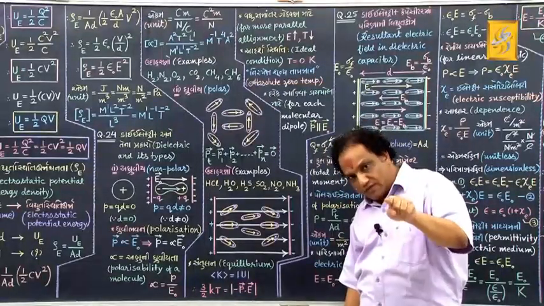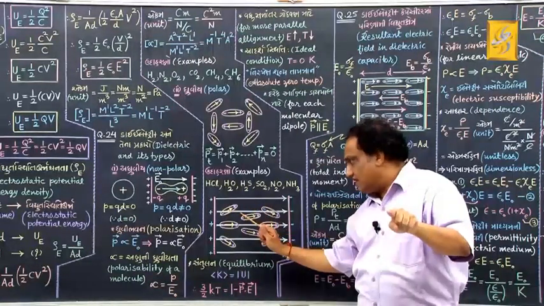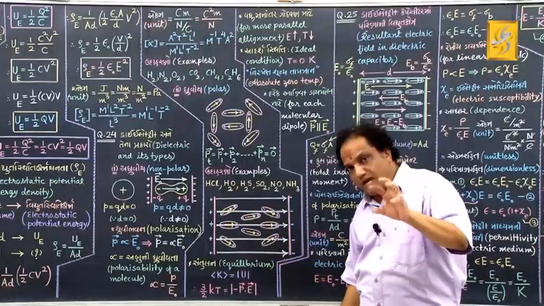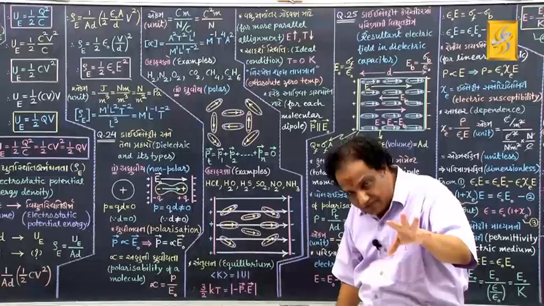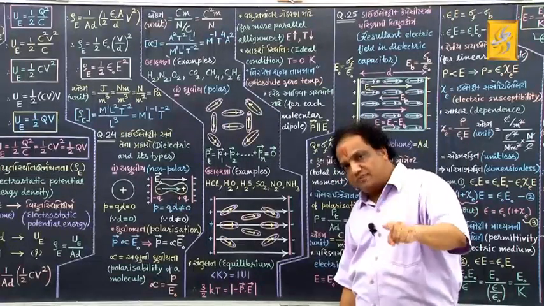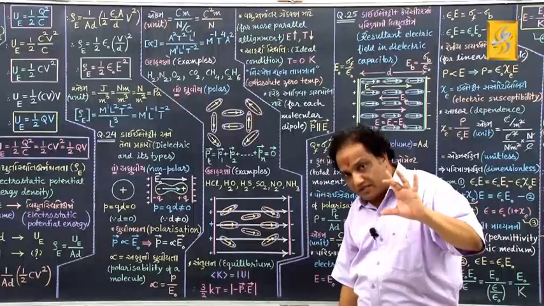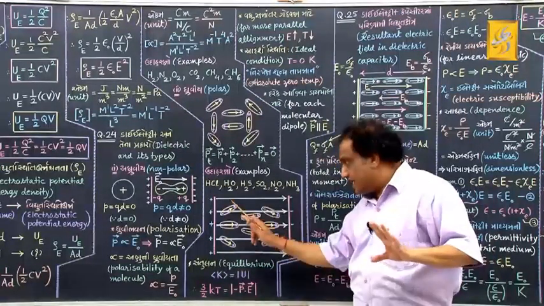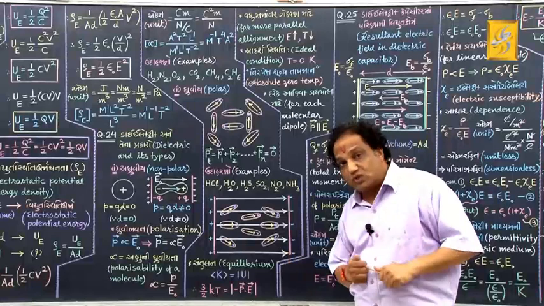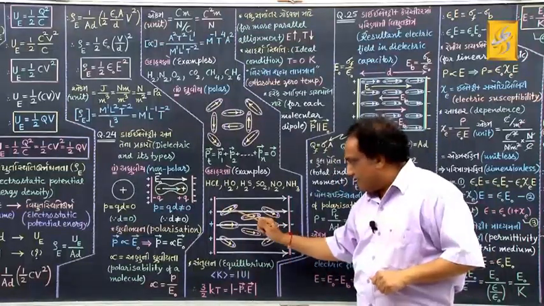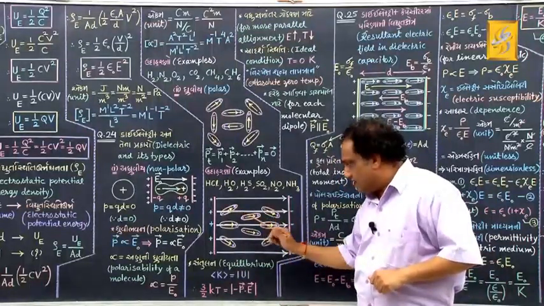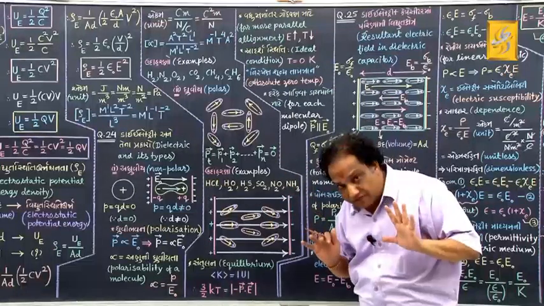If it is non-polar, then in the presence of the externally applied electric field, some dipole moment will get induced. If it is polar, it must be having some dipole moment right from the beginning, correct? But initially when you place that dielectric medium here, the atomic dipoles are randomly arranged.